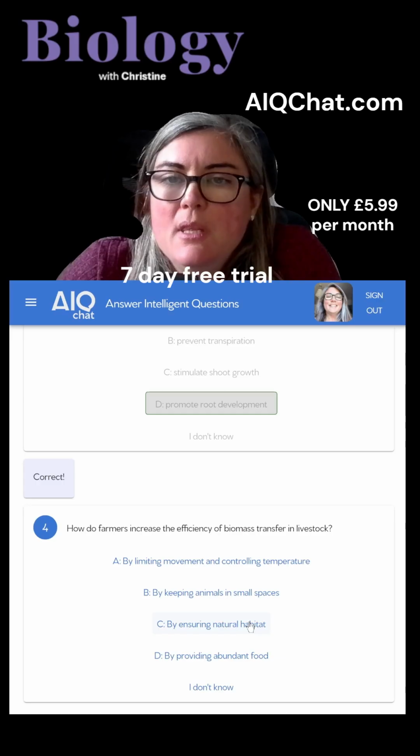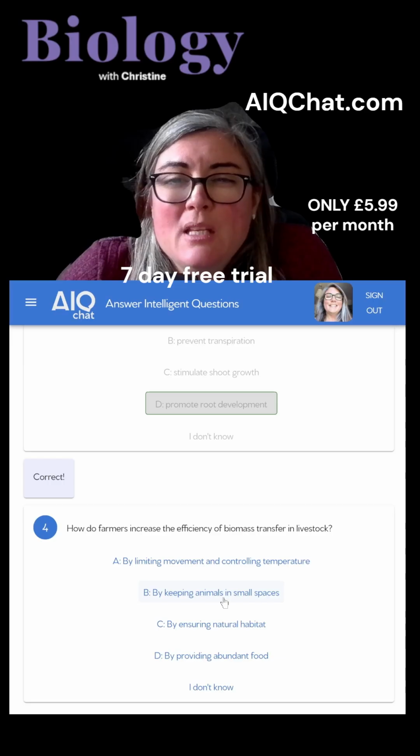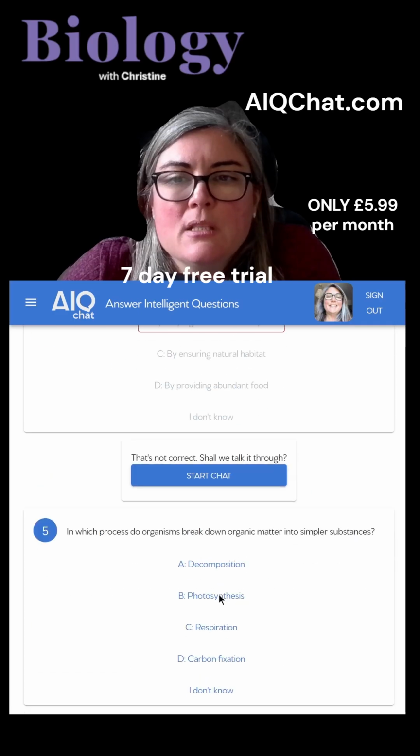If I'm keeping them in the natural habitat, I'm not controlling any conditions, so I don't think it's C. By keeping them in small spaces, reduces their movement and therefore would increase the biomass. I think it's that one.